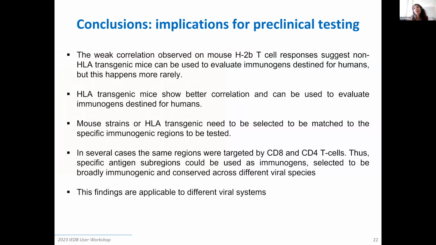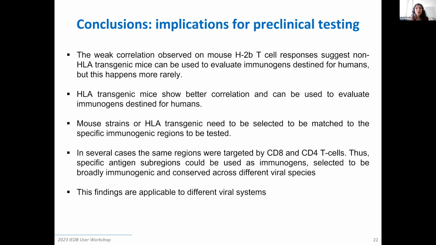So in order to really understand these results, I would like to delve more into the implications of what we found. So we do have a correlation between human data and mice data, which suggests that H2B mice can be used for preclinical testing. It really depends what you're selecting.